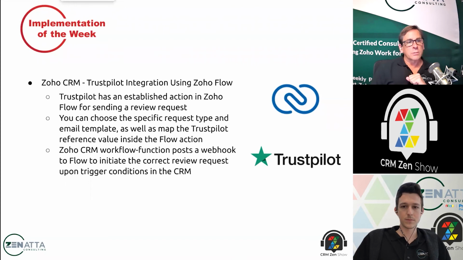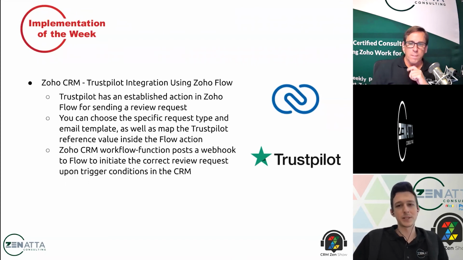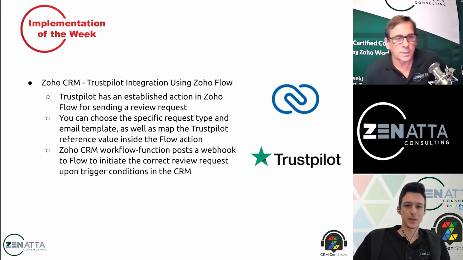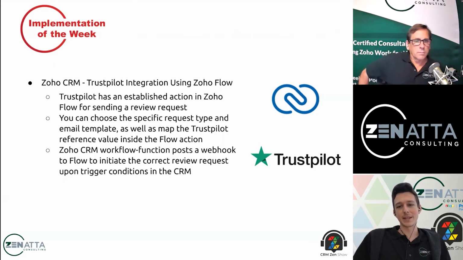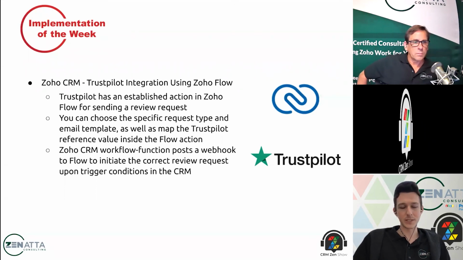And that brings us to the implementation of the week. What do we got? Yes, this was the implementation we did, tying Zoho CRM into Trustpilot using Zoho Flow. Basically, Trustpilot is a pretty large and established group for doing your customer surveys.